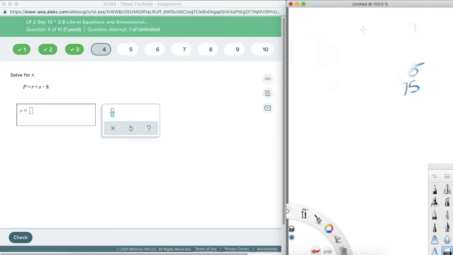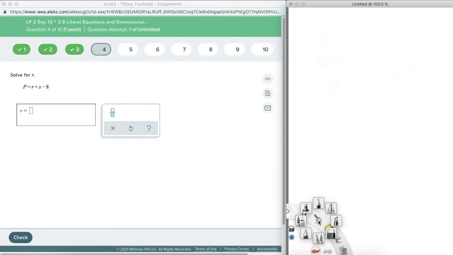Okay, so this is where we're getting into literal equations. Again, sounds really fancy. What it means is it's an equation that involves mostly letters or variables. Formulas are a very common thing to be in literal equations, and we call them literal because they literally stand for something. So if we have a volume formula, we would have V, capital V, stands for volume, say of a rectangular prism, a box shape.